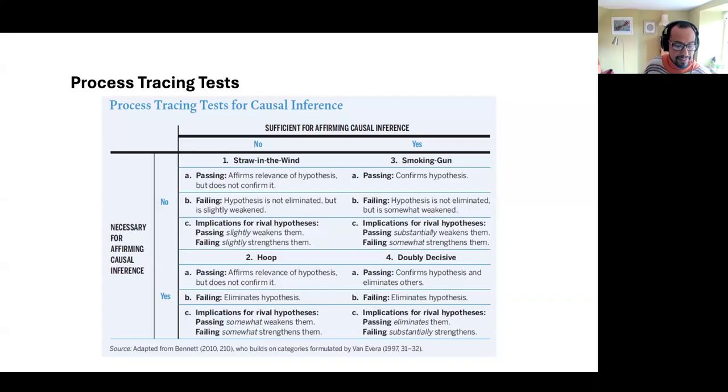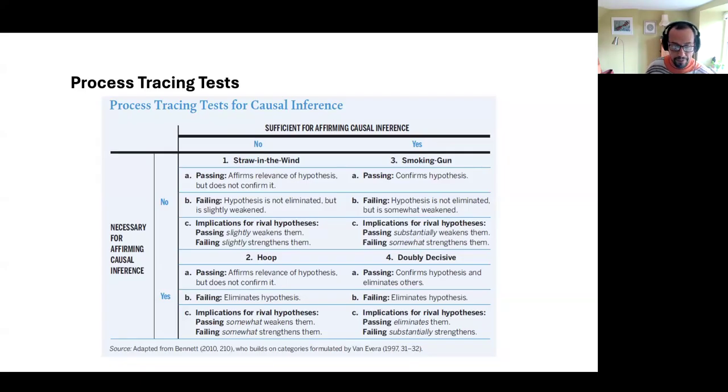A hoop test would be, for instance, finding a doorway where someone needs to be able to fit in. So if the person that you suspect of committing the crime does not fit in, the person is easily eliminated. But if he does, it's not proving that he actually caused it. So you start seeing different levels of causal inference.